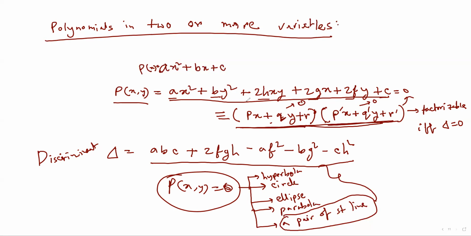So if it was possible to factorize every time, you would get a pair of straight lines every time, right? That's not the case. So this geometrically proves that this algebraic expression is not factorizable into linear terms for every choice of coefficients. This is called a discriminant that makes sure that if this is 0, we are sure that it's going to be factorizable, otherwise it's not.